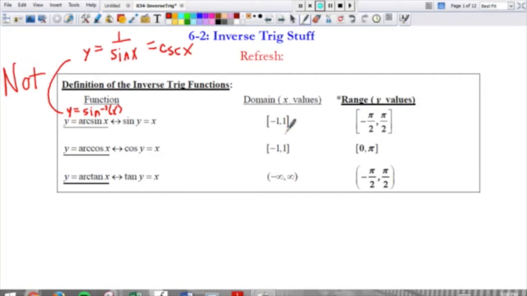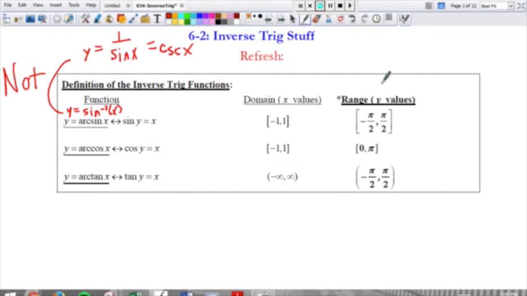These are the domains of each of these functions. Yes, you need to know them. The domains here, we're thinking that these domains are the trig ratios that come out when you plug an angle in. So these domains are the outputs of sine and cosine and tangent, and now they're the inputs of arc cosine, arc sine, and arc tangent.